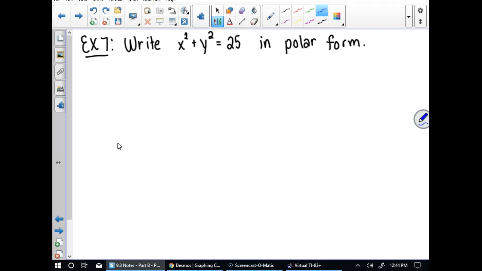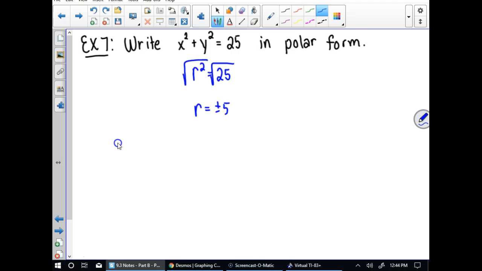But there's a reason I gave you this one, even though it's pretty simple, because there's something that you may miss. Okay? So x squared plus y squared, what can I replace that with? Not r, but r squared. And when I solve that for r, I square root both sides, because most of the time the answers are going to be in terms of r. So I will get r equals, but when I square root both sides, what have I got to put? A plus or minus 5.